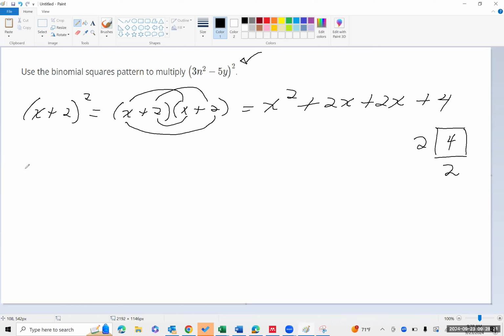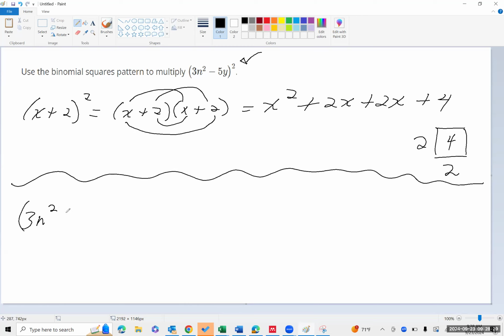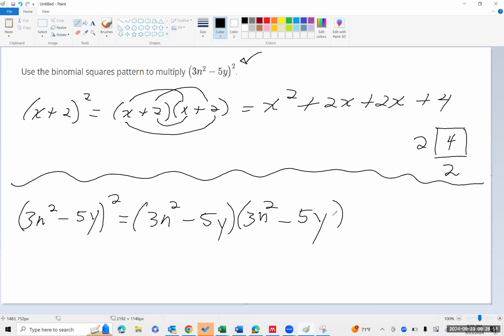So the problem that we're doing is a little more complicated because of the terms inside the binomial. But you start by recognizing that what you have to do is write the expression twice.